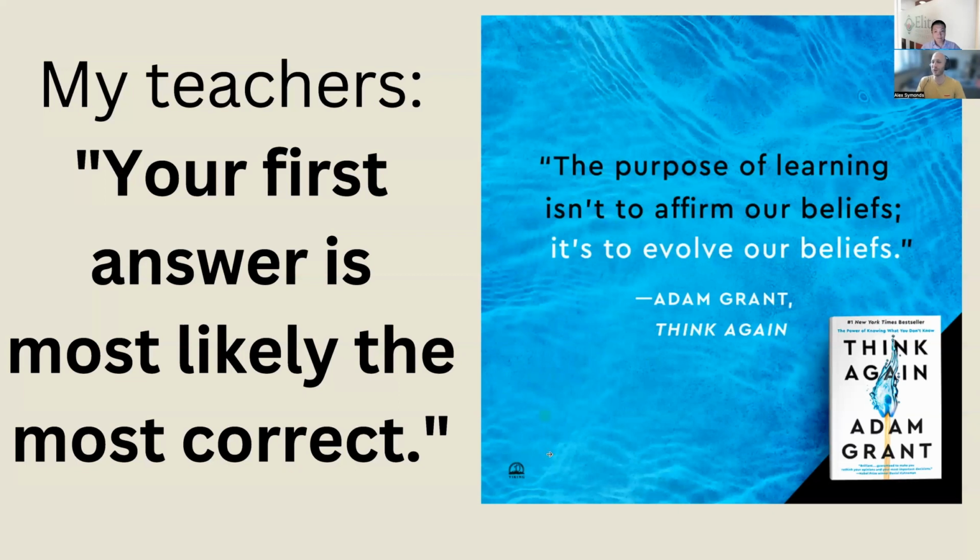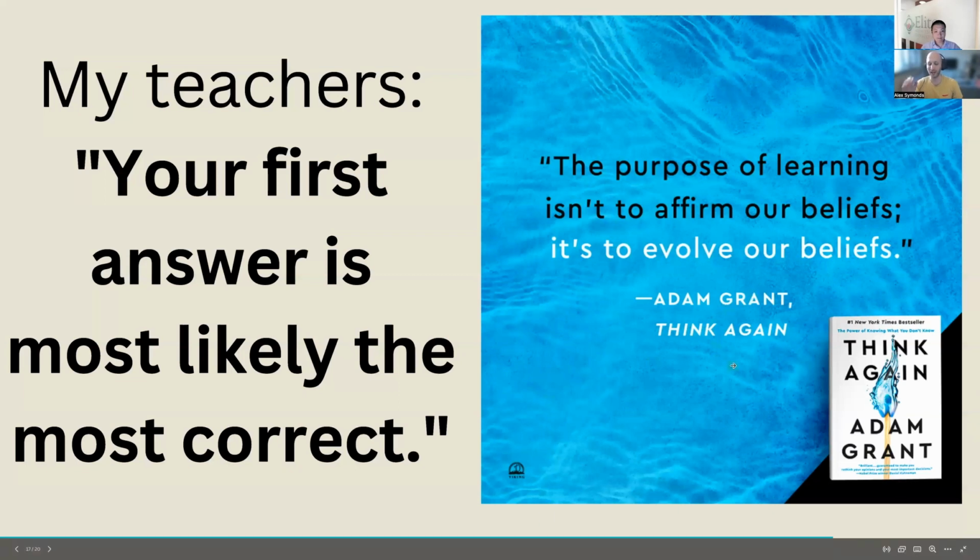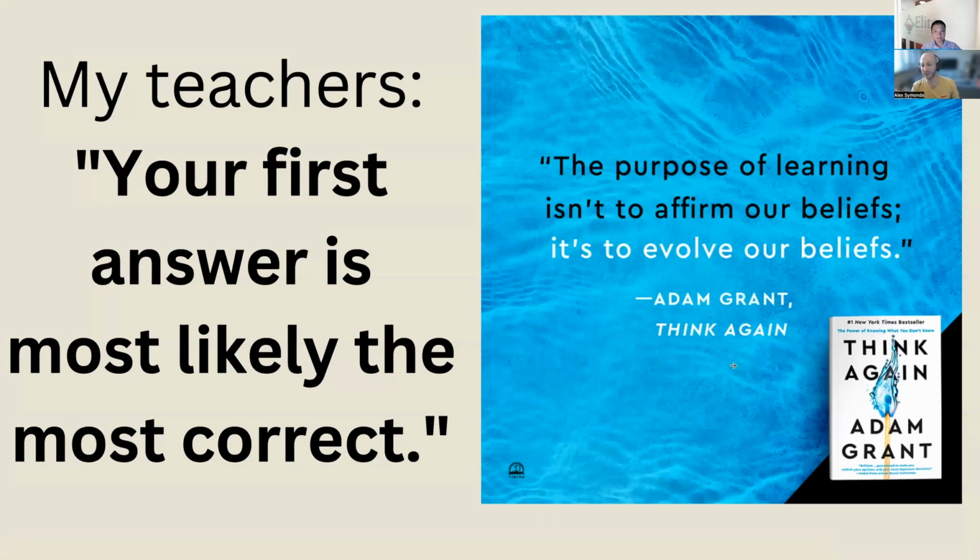What I'm basing this on is a very popular and, I think, very brilliant organizational psychologist named Adam Grant, who wrote a book called Think Again, which is all about rethinking, questioning your assumptions and changing your mind in certain circumstances.